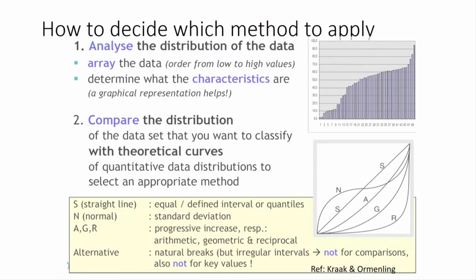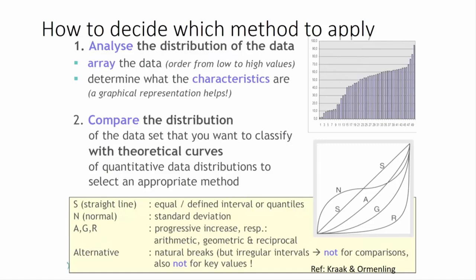But if you have a distribution which goes above that straight diagonal line, and then from the middle again goes below the line, in those cases you can consider natural classification distributions.